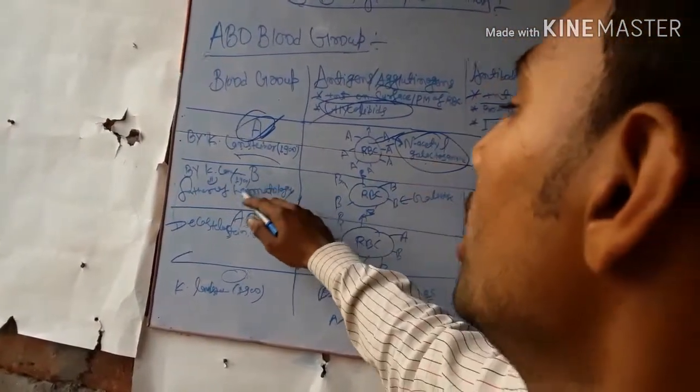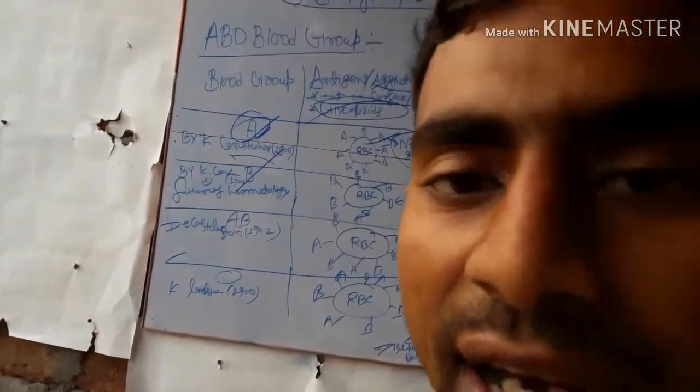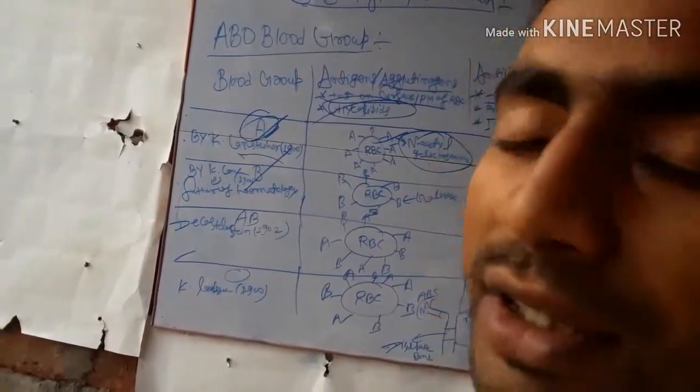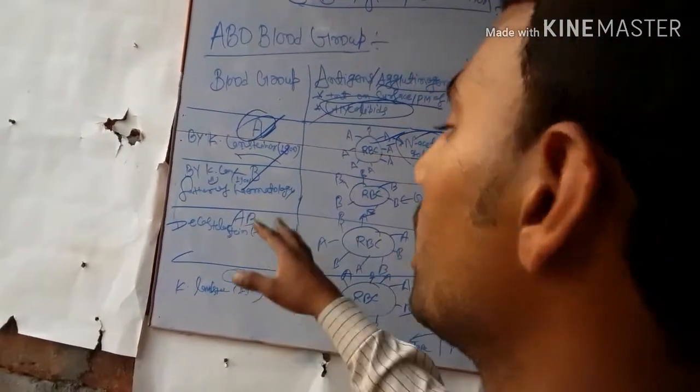Blood group A was discovered by Landsteiner in 1900, and Landsteiner is the father of hematology.